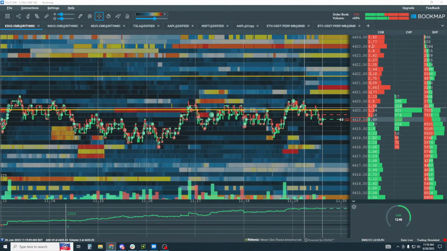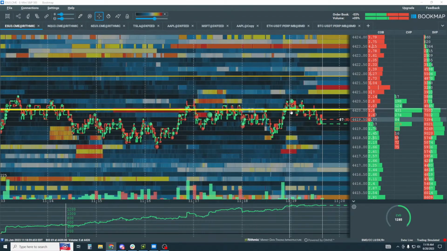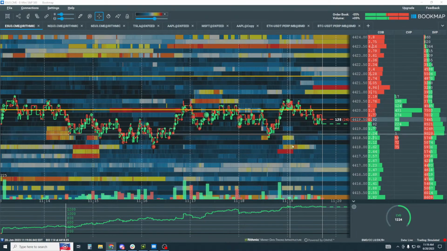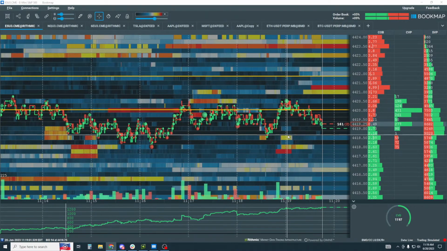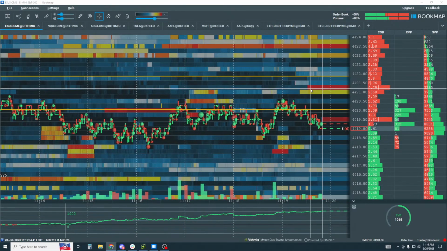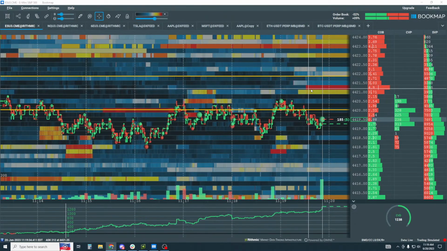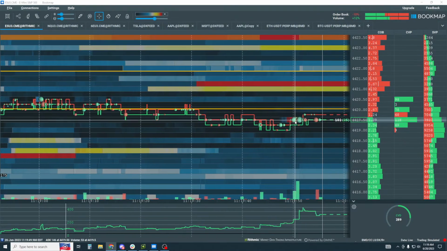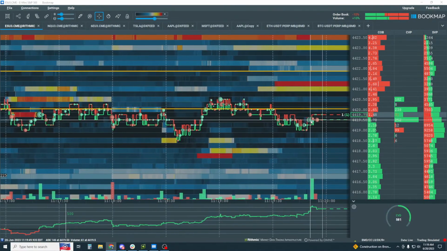Okay, so we're trying to find something that gives us that edge in here, and it's starting to get interesting. Note that they came in on the offer here. We got more buyers and they took that liquidity on yet again. This is good.